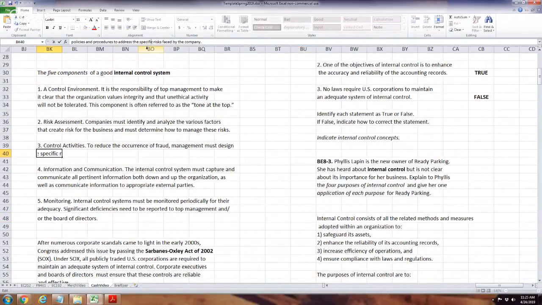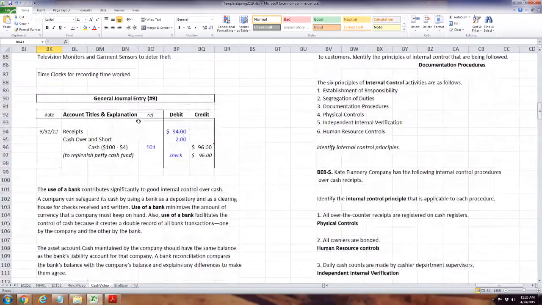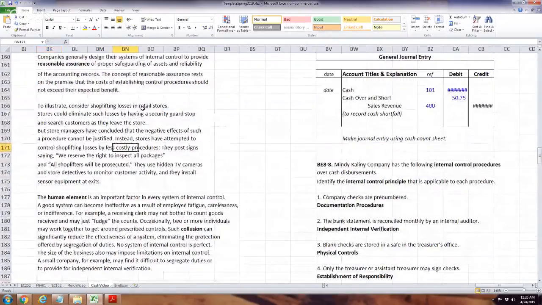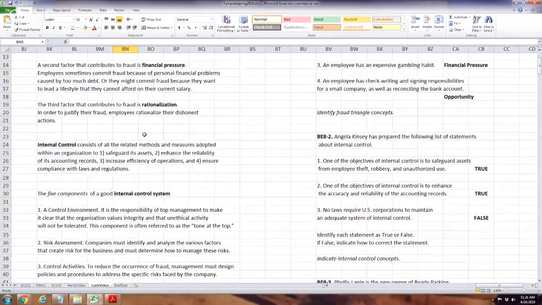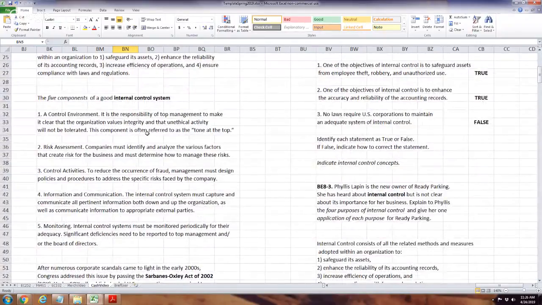Let's just fix this typo. Those are the five components. These are the principles. Manage risks, control activities, communication.